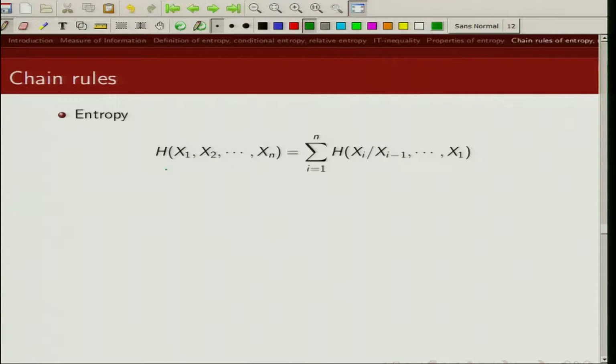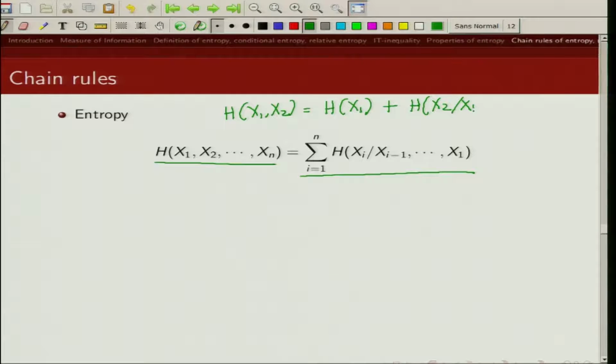The joint entropy of random variables x1, x2, x3, up to xn can be written in terms of their conditional entropy in this particular fashion. For example, h of x1, x2 can be written as h of x1 plus h of x2 given x1. So we can write this joint entropy as a summation of conditional entropies.